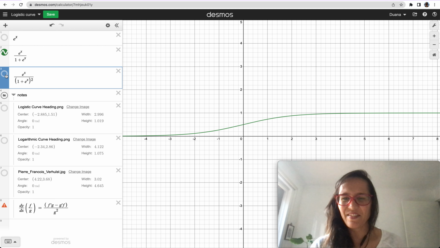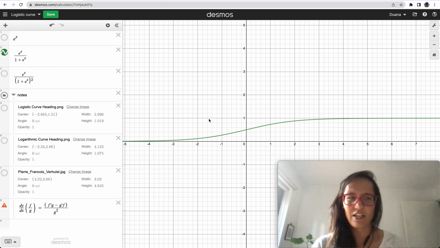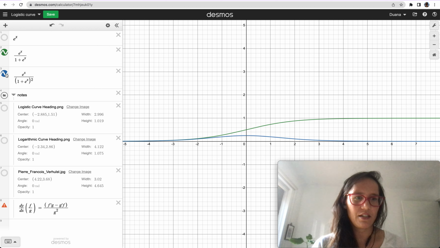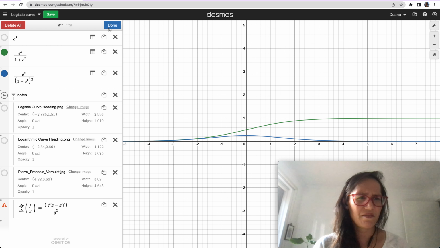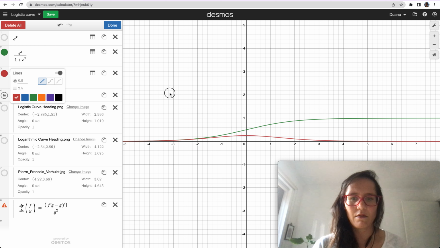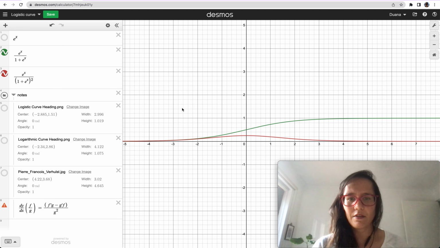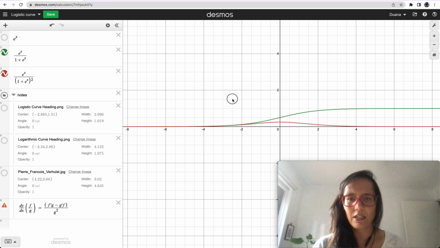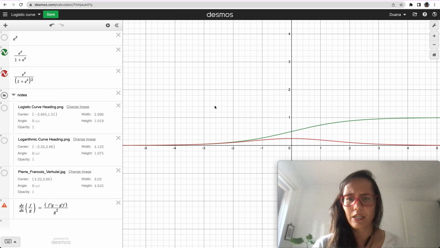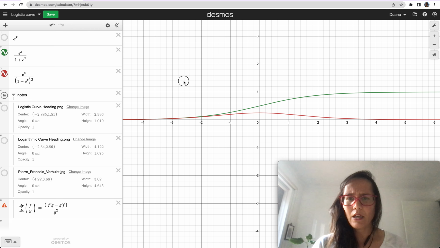So, graphing time. What do we got here? Ta-da! Look at this kind of function. This is, again, a totally different curve. I'm just going to change it to red. So this is a really flat bell-shaped thing. But the values should work out, right?